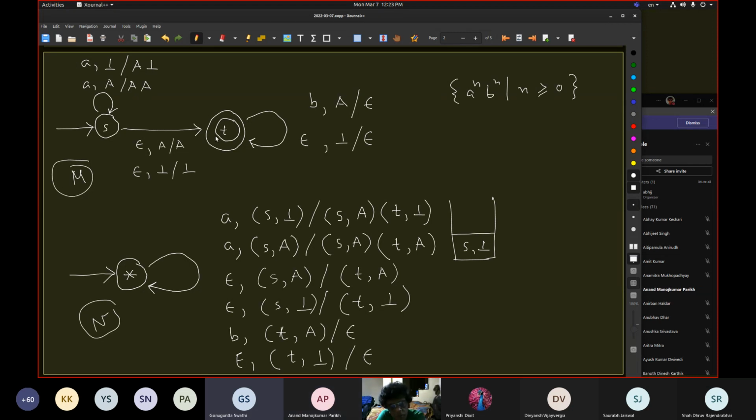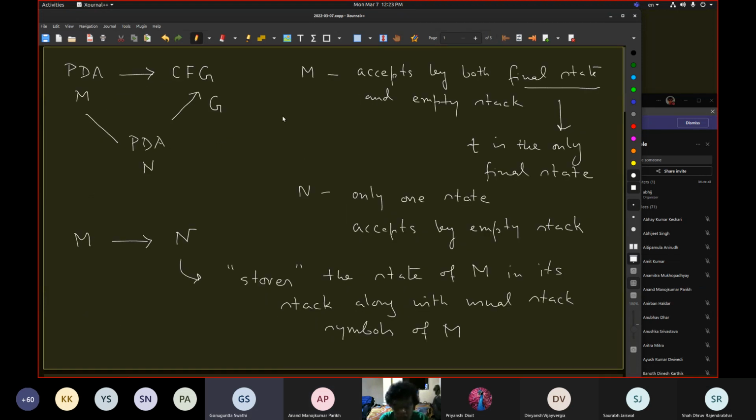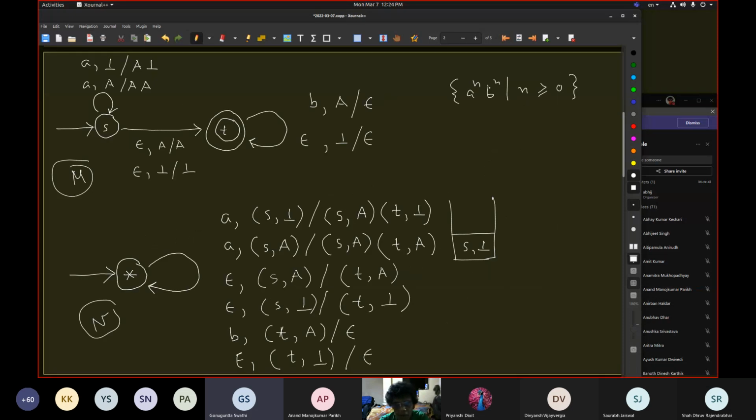T is a final state, but the stack... So, but it does not care what is in the stack. If it is in a final state and... Oh, that's why I mentioned it accepts by both final state and empty stack. Okay, sir. Okay, it's not just empty stack or just final state, both.